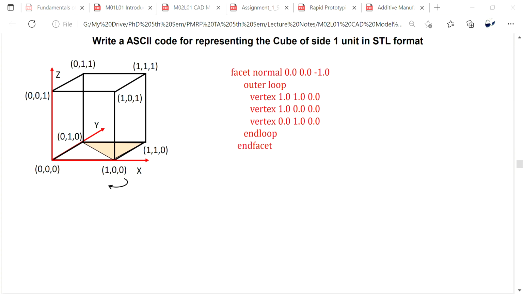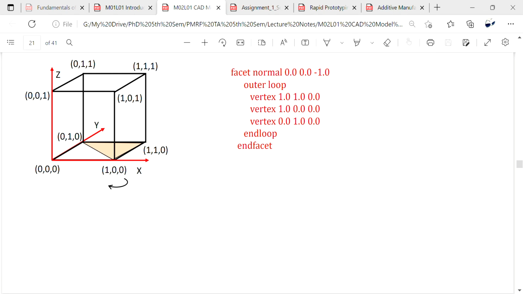Now for these two triangles, there is a 0-degree angle between them. But again there is another close triangle beside this triangle. We have one more triangle, but this triangle will have a different facet normal. So the facet normal of this particular triangle will be represented by a line connecting the center of the above triangle.